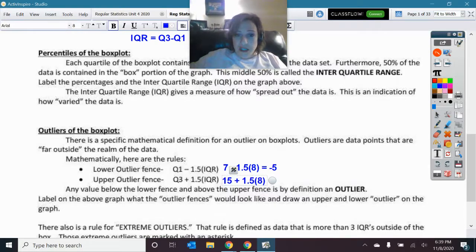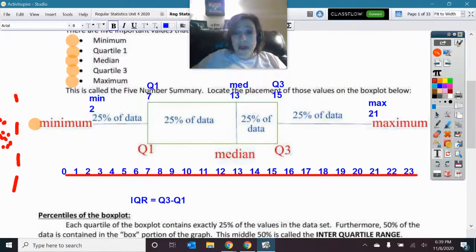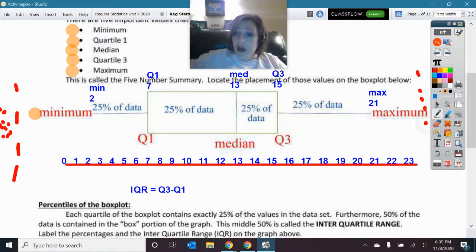And so 15 plus 12 is 27. So once again, I can see our maximum is 21. So our outlier fence is going to be off the charts. I can't even draw it so high up there. But if you had data above the upper fence, you would have outliers.